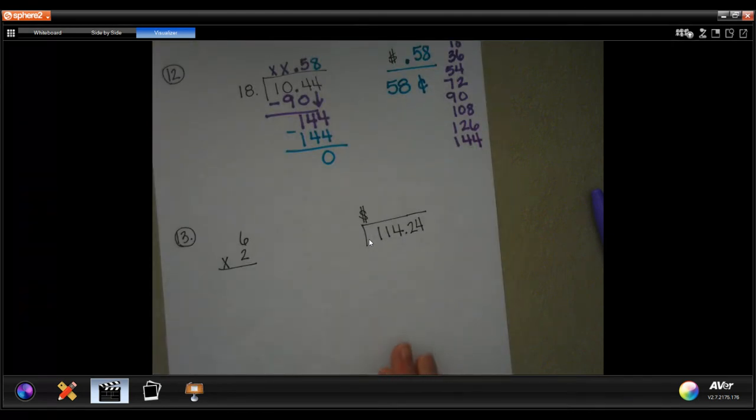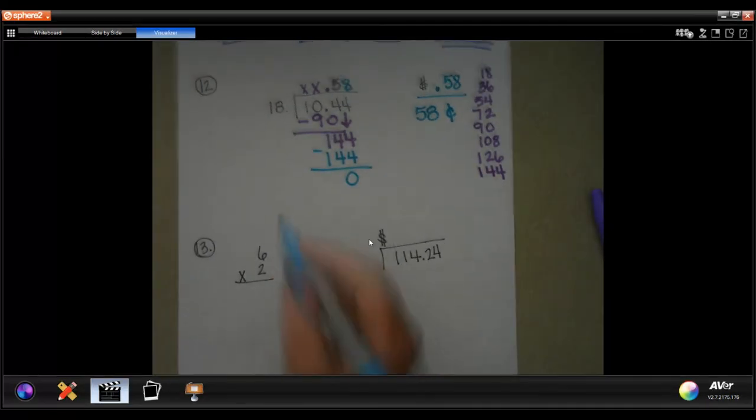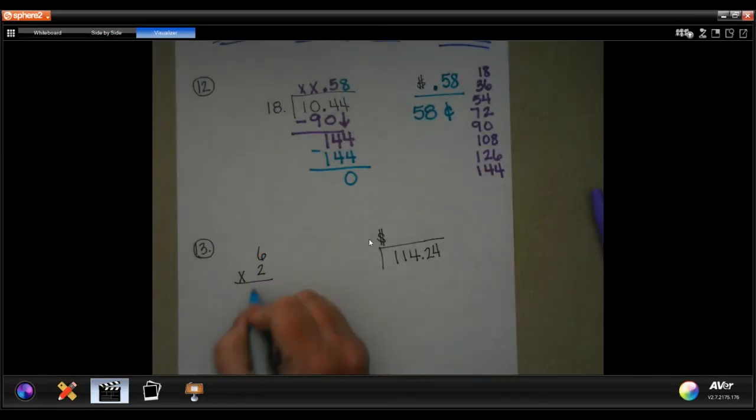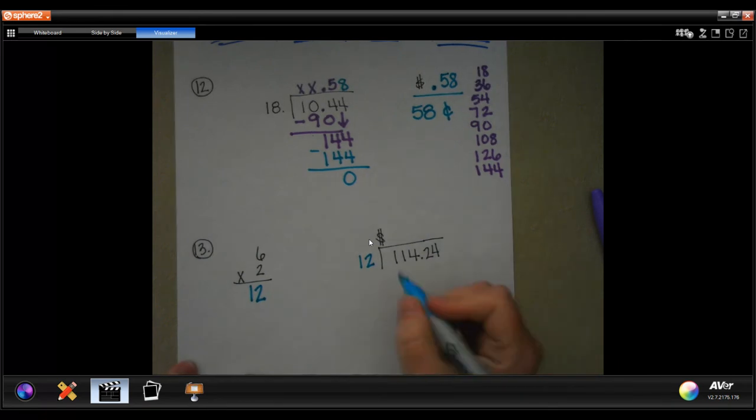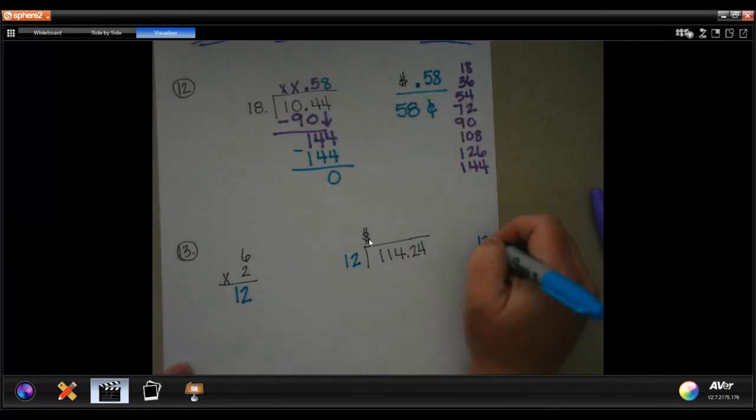Okay? Gloria worked for 6 hours a day for 2 days at the bank. She earned $114.24. How much did she earn per hour? Well, first, she worked 6 hours for 2 days. That's 12 hours. Okay? So now I'm going to come over here and I'm going to write 12. Okay? So over here, I'm going to do multiples of 12.